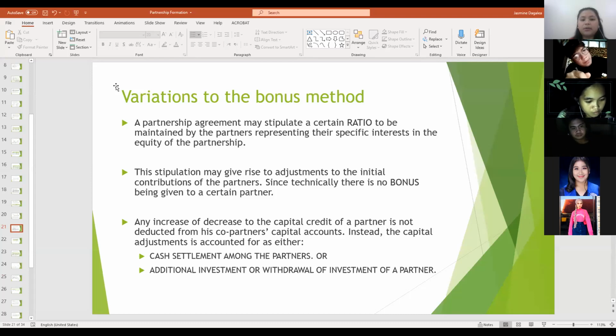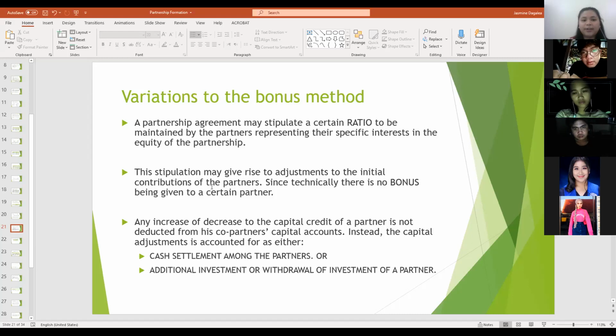So sinabi dito na an agreement of partnership may include, let's say, a ratio of 50-50, 40-60, 30-70, 20-80, ganon, ratio between partners. Basta 100% in total. Yan.